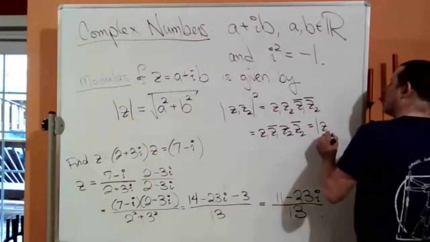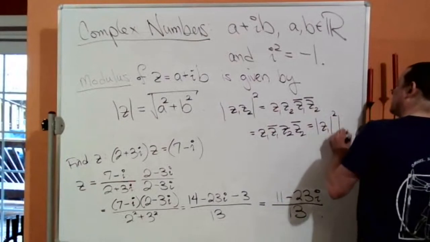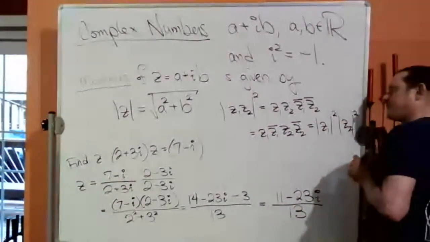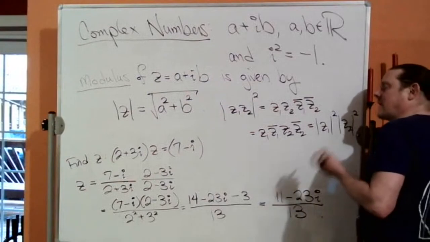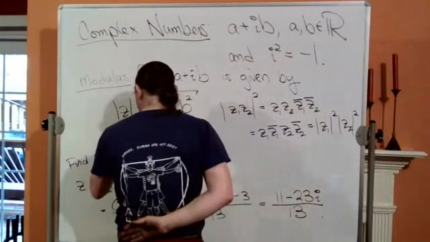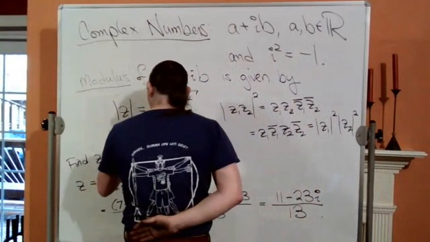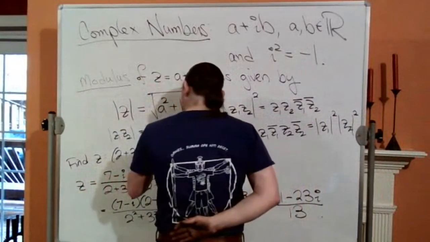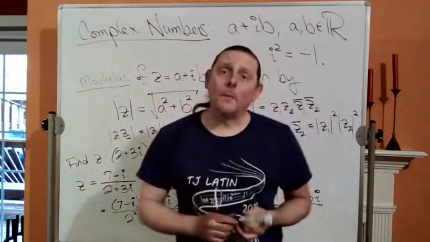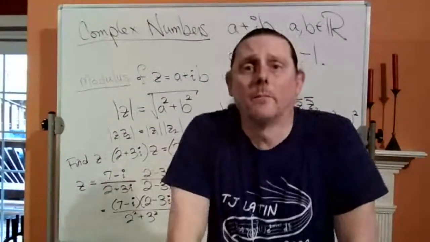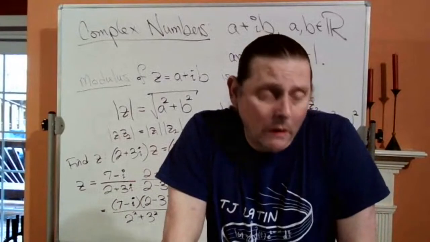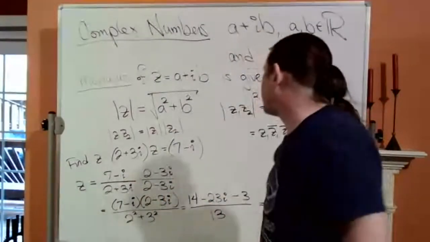So this is the modulus of z1 squared times the modulus of z2 squared. All right, so that tells us something that looks fairly obvious. The modulus of a product of two complex numbers is the product of the moduli of those two complex numbers.